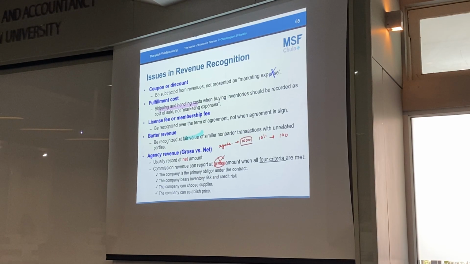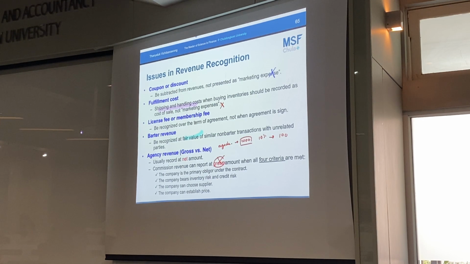So marketing expense is wrong again. You can see that the company doesn't want to book this on the revenue or on the cost of goods sold because they want to boost the gross margin. So they use classification techniques, classifying it as a marketing expense, but that is incorrect.